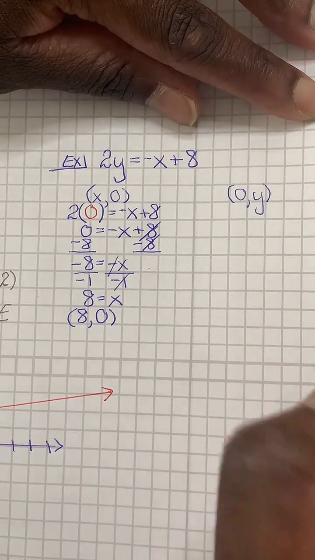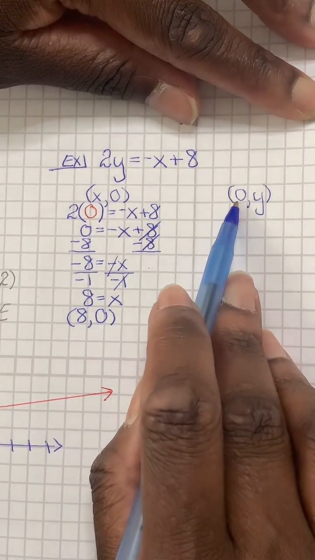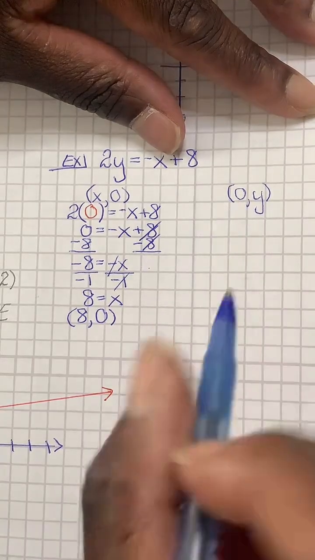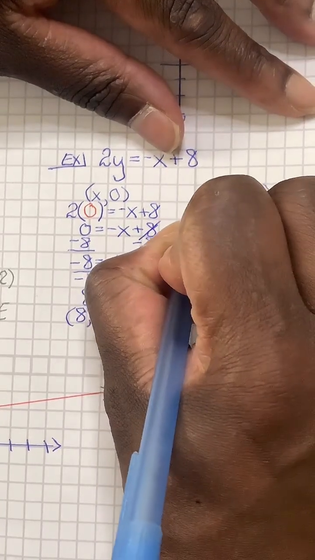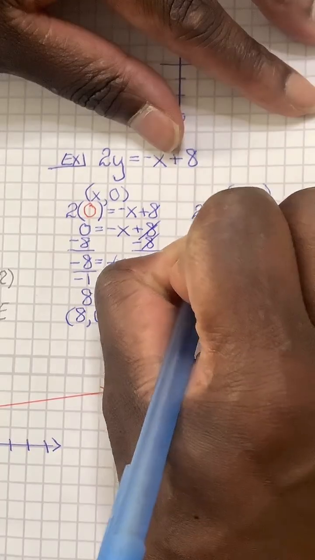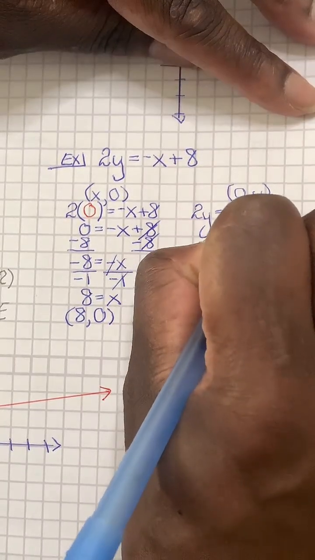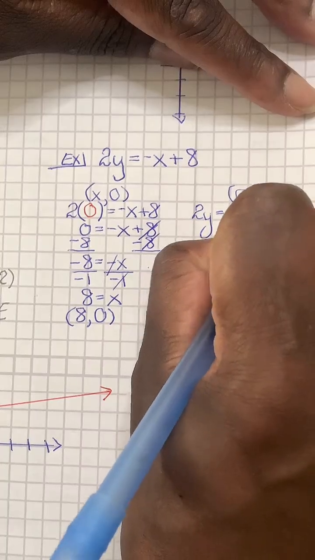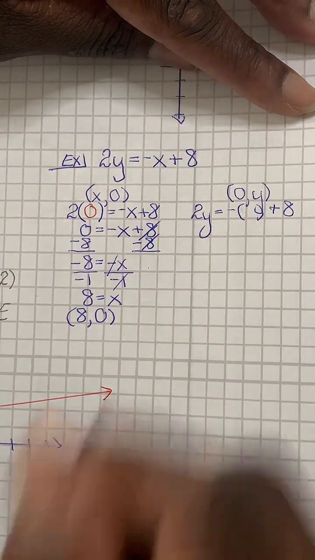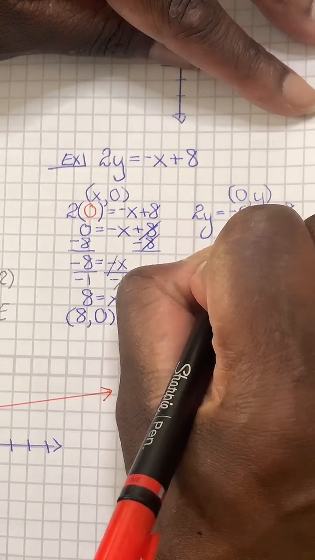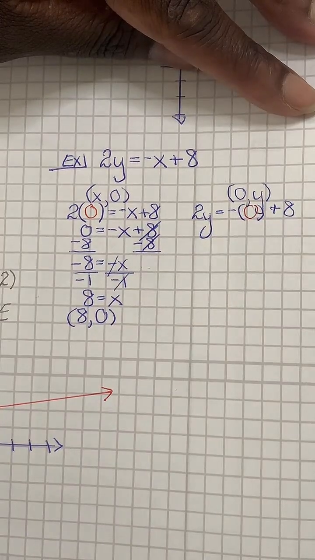Okay, so now we have a 0 for the x. So we have our 2y is equal to negative, and we're going to put a 0 there, plus 8. And we know that 0 is neither positive nor negative.